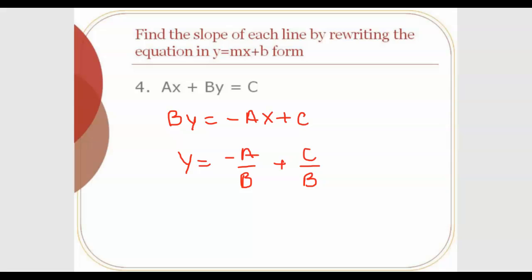And what we see is that in standard form, the slope of the line will always be -a divided by b, and the y-intercept will always be c divided by b. So any a, b, and c value can be plugged in and will hold true.